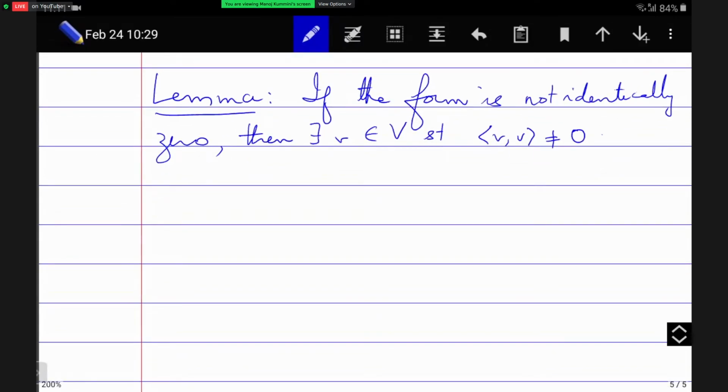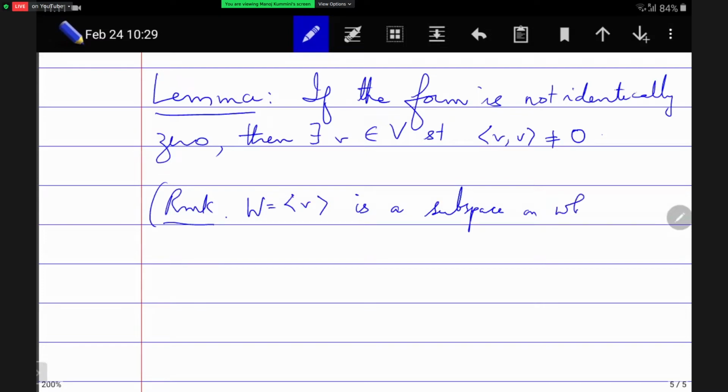Let me just remark here. The span of V, let's call it W, is a subspace. We'll prove that. I just add a remark here: a subspace on which this thing is non-degenerate.